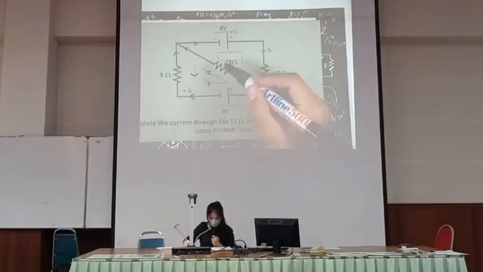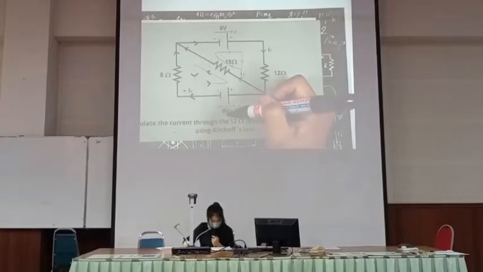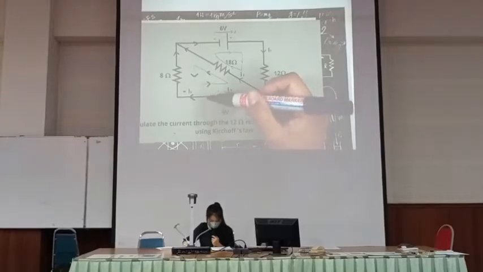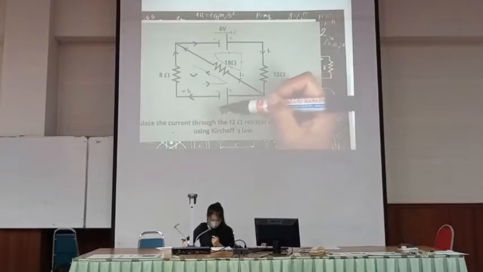The total of EMF for loop 2 is 9 volt, positive 9 volt, because this is the same direction to the loop, and in the loop 2 is only one battery.